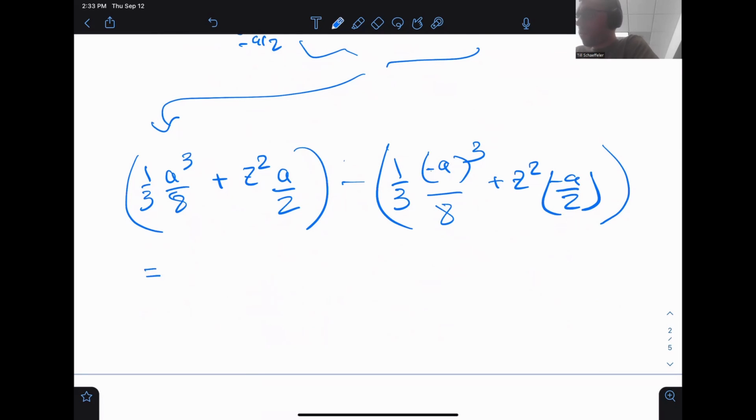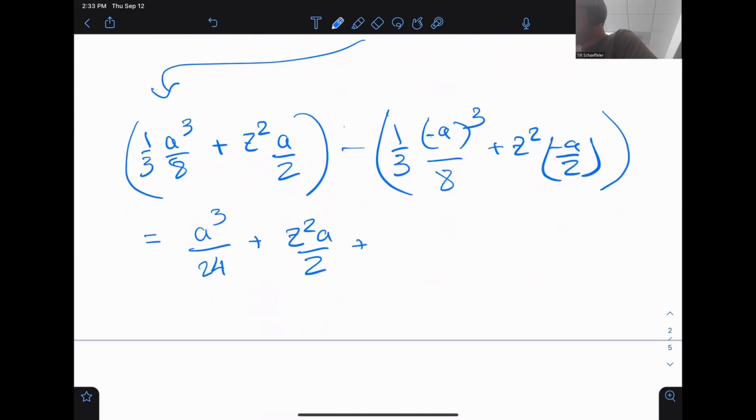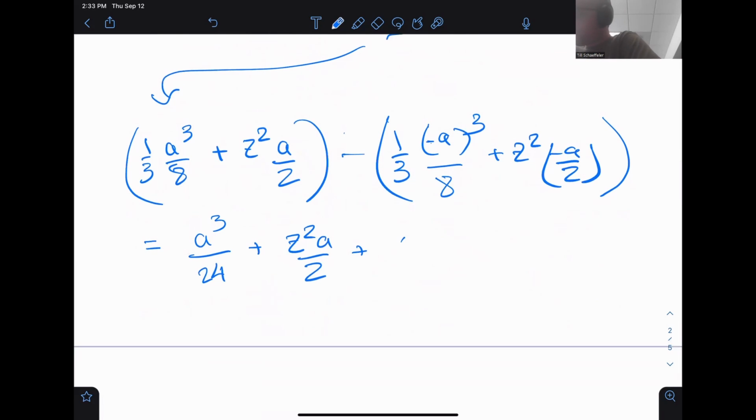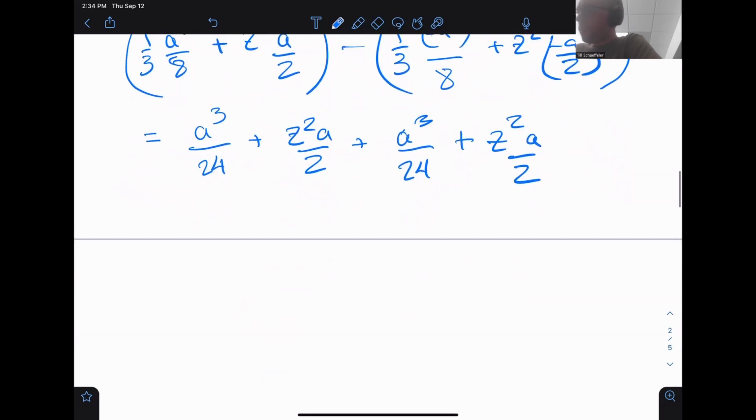So it's equal to a cubed over 24 plus z squared a over 2, plus another a cubed over 24 plus z squared a over 2, which is equal to a cubed over 12 plus z squared a.